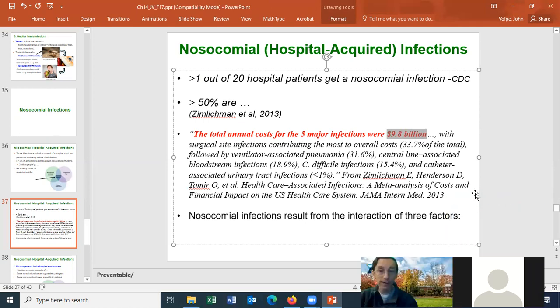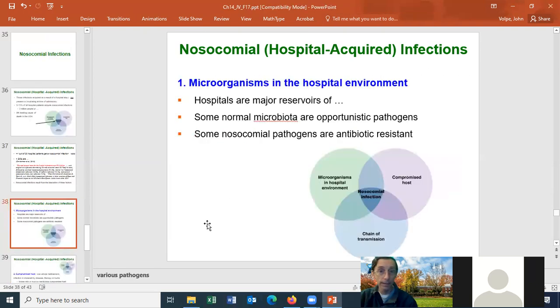Nosocomial infections are a result of the interaction of 3 factors. 1, microorganisms are present in the hospital or hospital-like environment. That's unavoidable because obviously everywhere we go on Earth, we're going to have microorganisms.